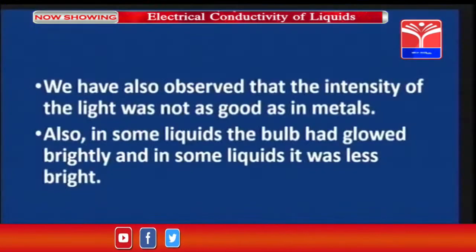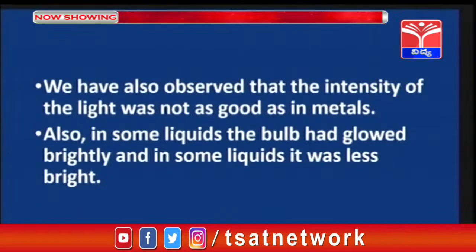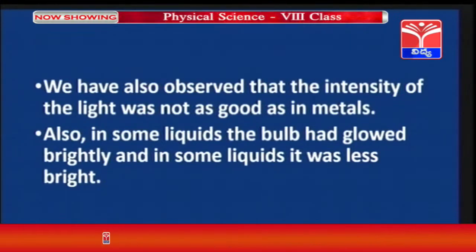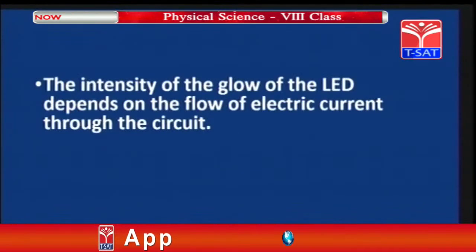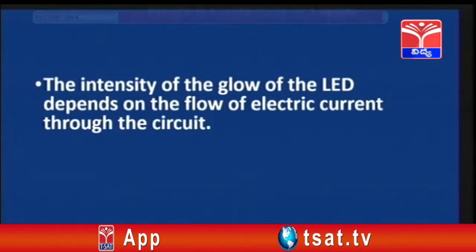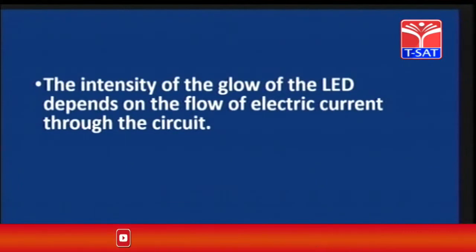Also, in some liquids, the bulb had glowed very brightly and in some it was less bright. It was a little bit dull. It is because the intensity of the glow of the light, the LED, depends upon the flow of electric current through the circuit. Okay, children?